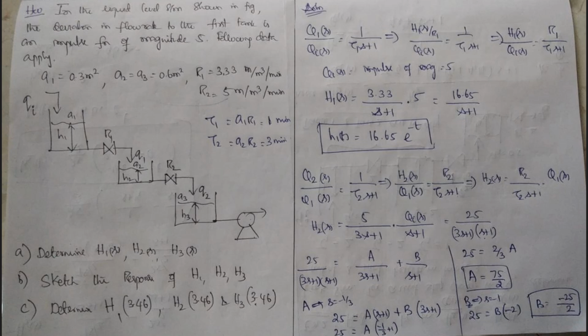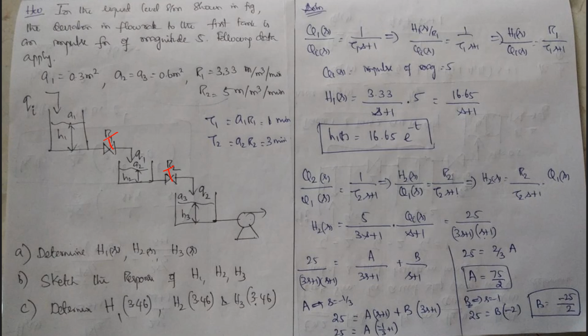So next case. Here we have 3 tanks, and the values are given: the area of the first tank, the area of the second tank, the resistance offered by this valve R2, and R1 is given. Then this is the pump.